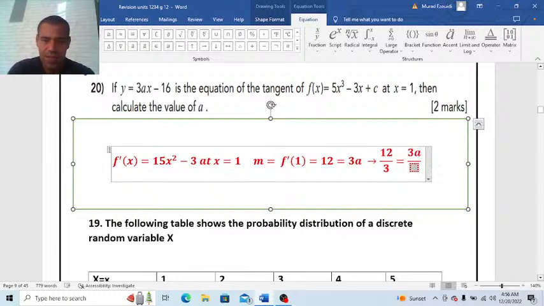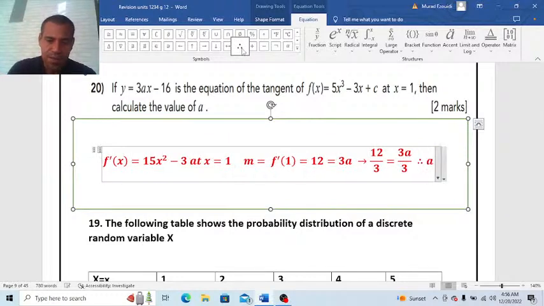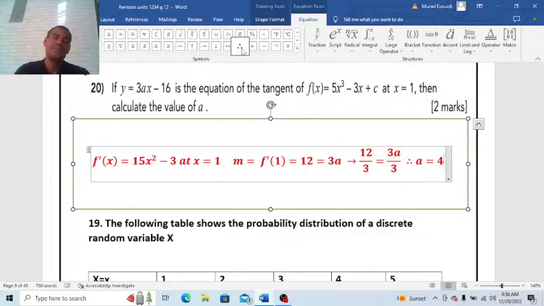Therefore, a is what? A, learners, is 4. Therefore a equals 4. Clear? So it's easy, you can do it.